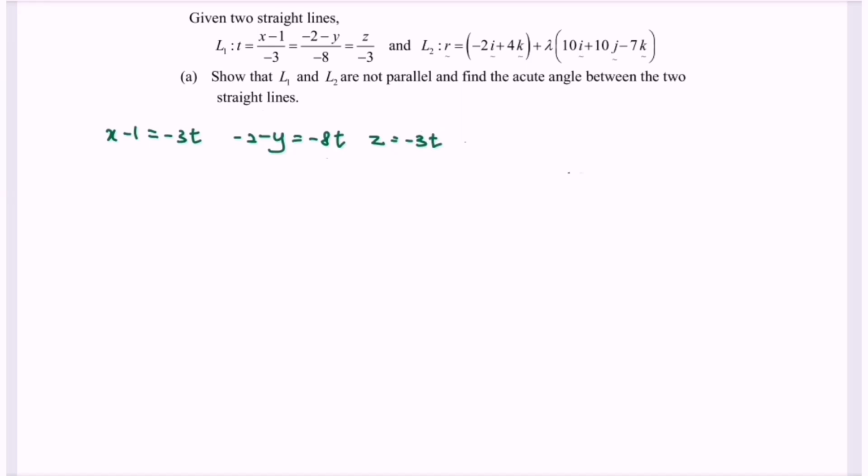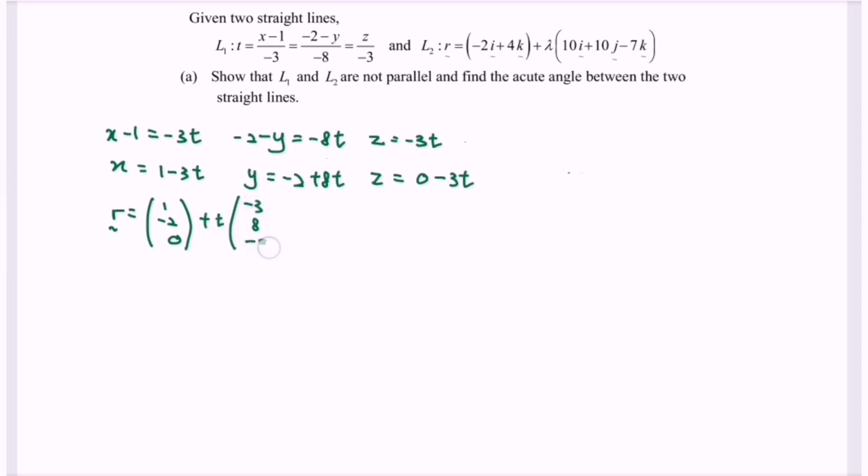This is the parametric equation: x equals 1 minus 3t, y equals negative 2 plus 8t, then z equals 0 minus 3t. So we express it in vector form: r equals (1, negative 2, 0) plus t(negative 3, 8, negative 3). This is the vector form.